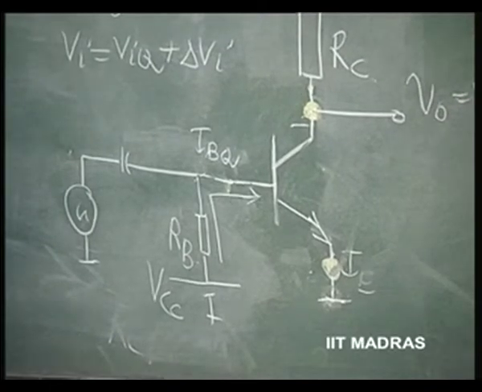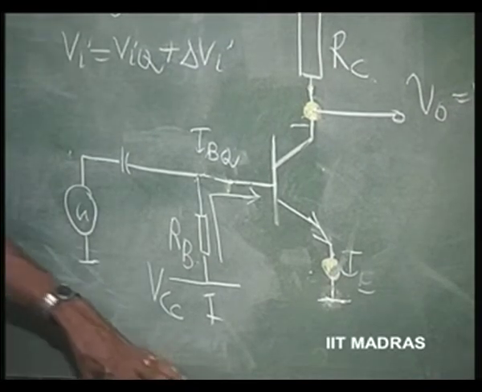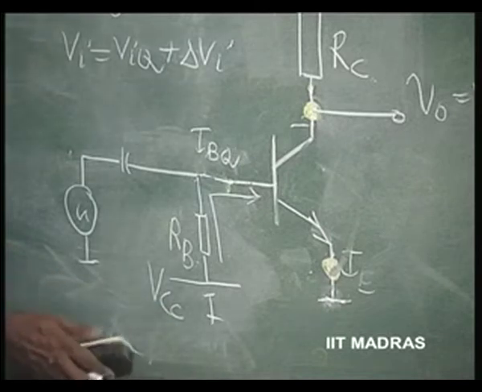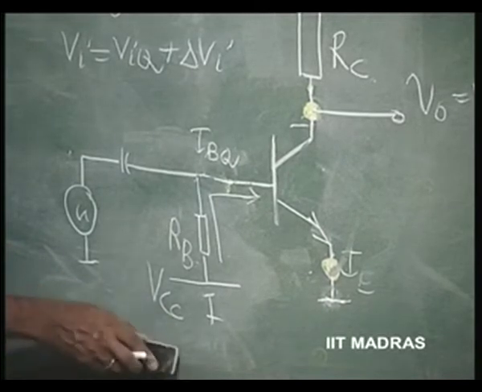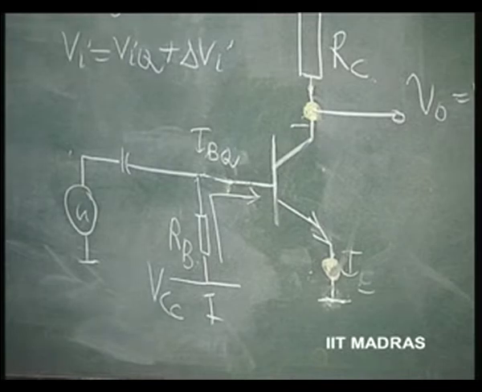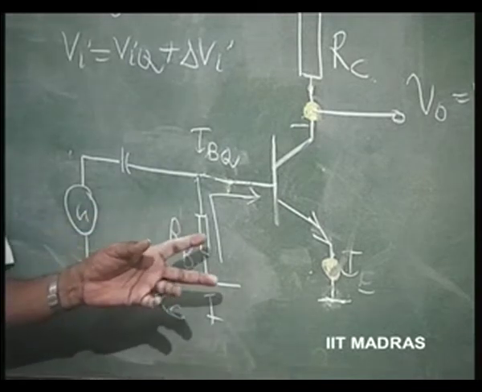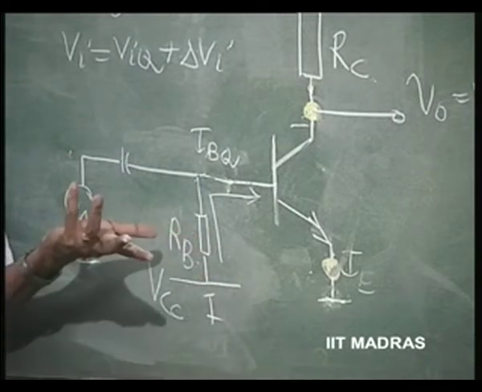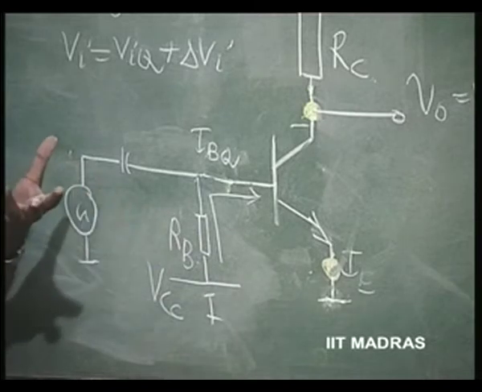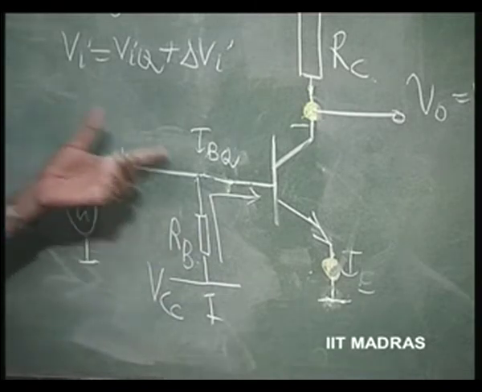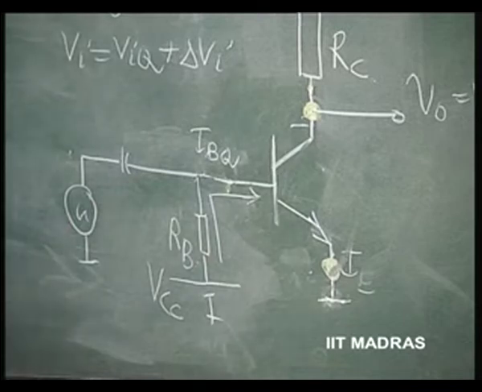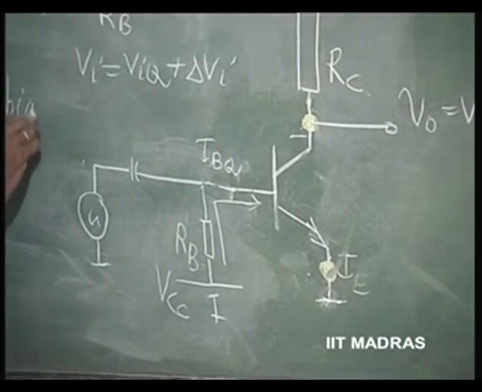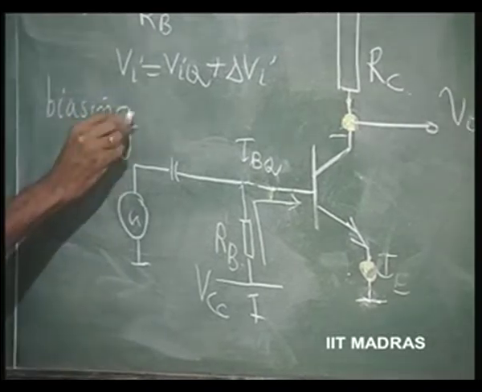So, this is the advantage of using current biasing instead of voltage biasing. Instead of using a battery whose value is VBEQ, and what is the order of VBEQ? Of the order 0.5 to 0.6, I can use this current biasing. We will discuss further about this in the next class. Biasing a transistor.